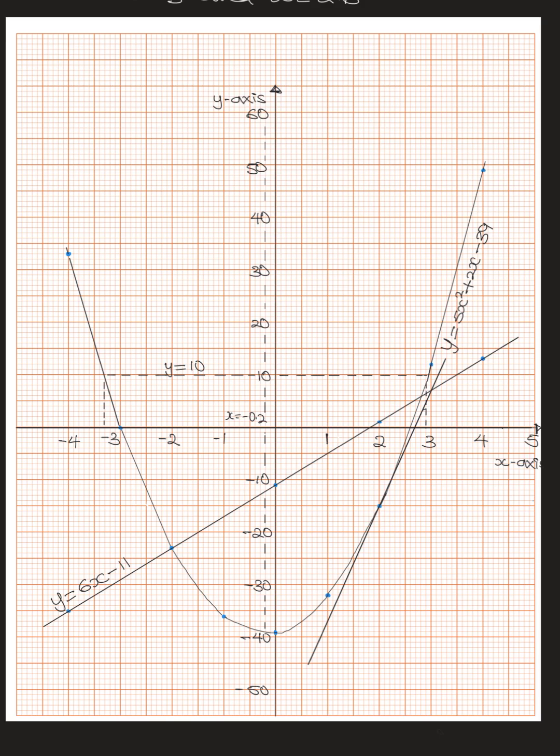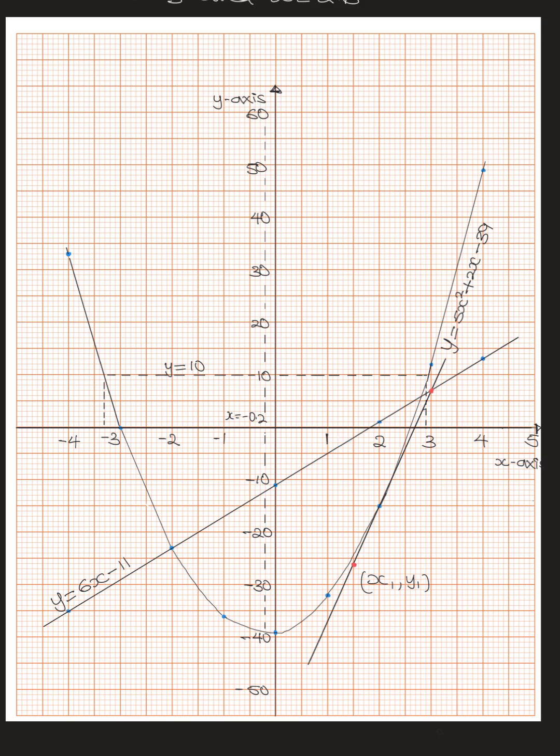Let's say one of the points is here and the other point is here. So the point here, we can call it x1 and y1. So what will be the value of x and y from this point?